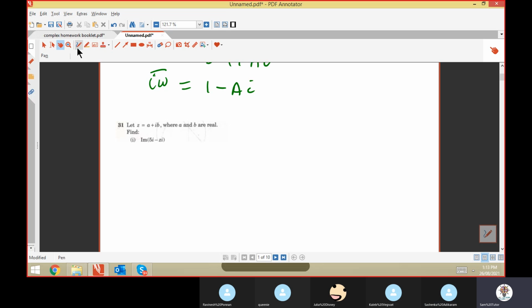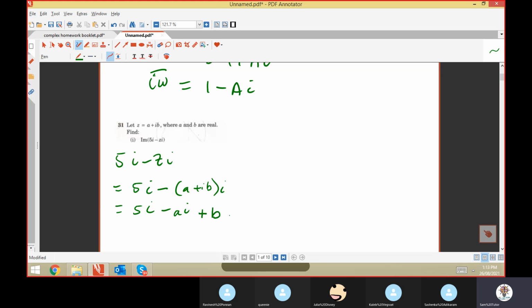So first thing we've got to do is find 5i minus zi, which equals 5i minus (a plus ib)i, which equals 5i minus ai. That becomes positive i squared b, but then that becomes negative i squared b. So therefore it's positive b.